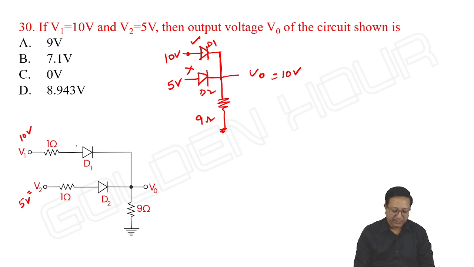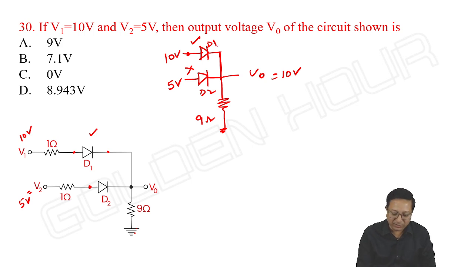Then anode of D1 is going towards 10 volts and the cathode is going to ground. It looks like D1 is on. Similarly, if you take D2, anode of D2 is going to 5 volts and the cathode is going to 1 volt. So it looks like both the diodes D1 and D2 are conducting.